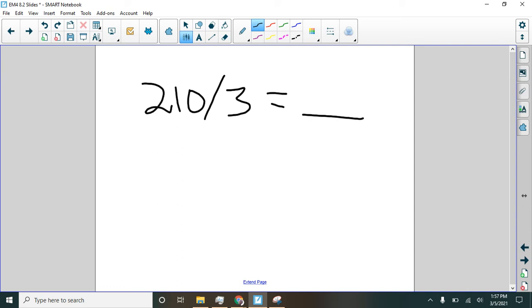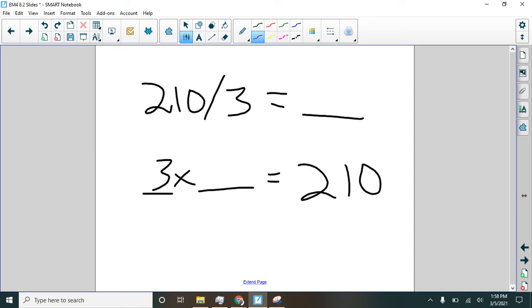Watch. Take the 210, put it at the end. 3 times something equals 210. Well, we need to know the fact first, right? So 3, let's go with red here. 3 times something equals 21.